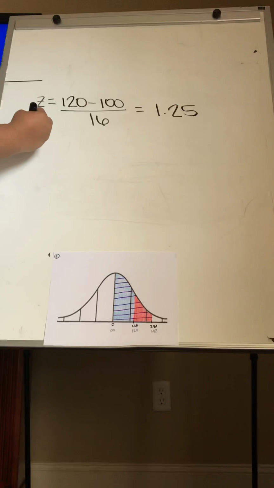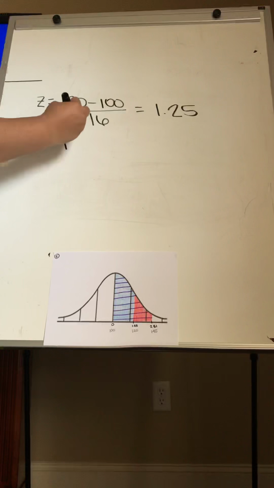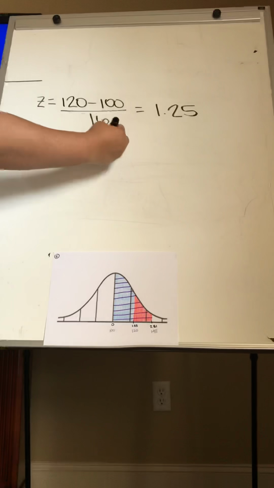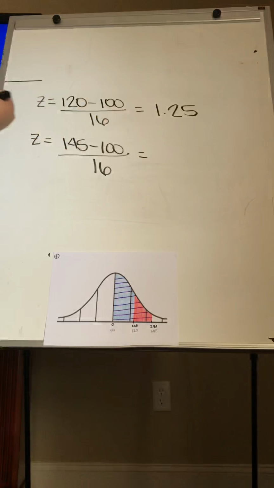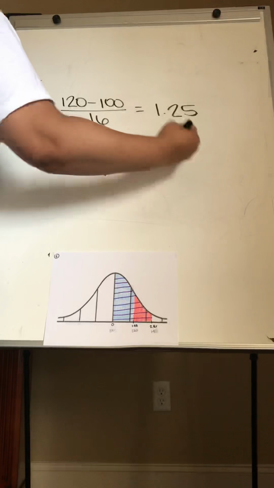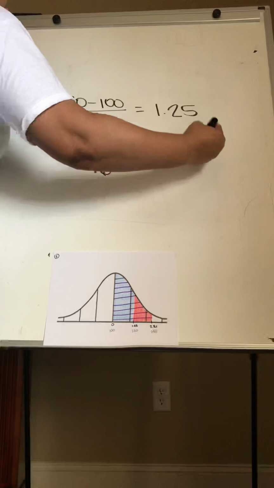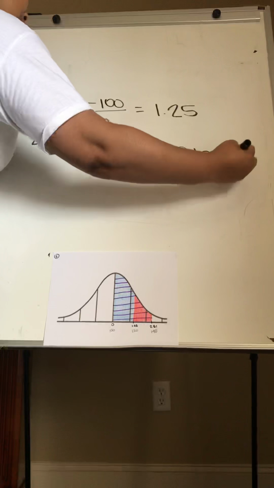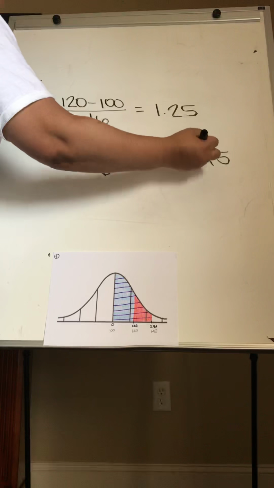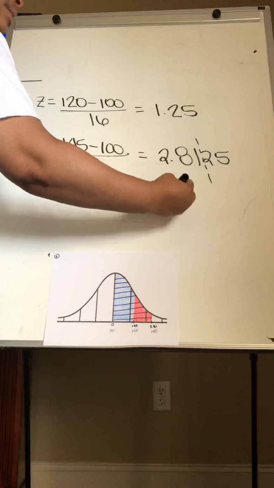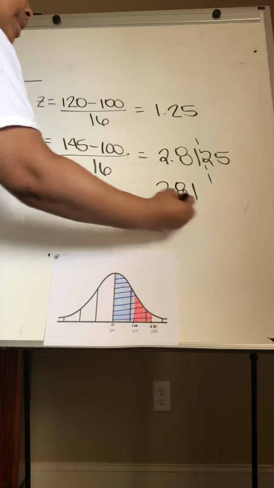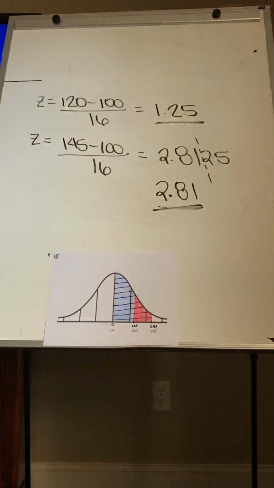Then we're going to convert 145 minus 100 divided by 16. That would give 2.8125. And keep in mind, z-scores, you need two numbers. So the 2 makes the 1 stay a 1. So that corresponding z-score would be 2.81. Okay.